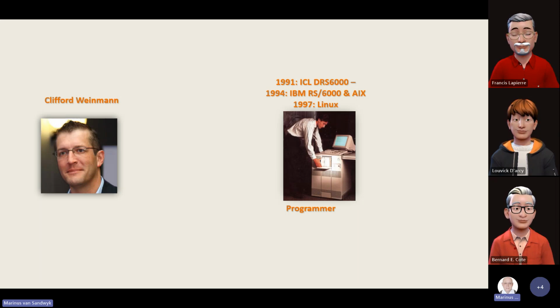They beat IBM to the punch with using the 6000 moniker. And it was ICL's implementation of AT&T Unix System V. So he's been playing in the Unix and Linux puddle most of his life.